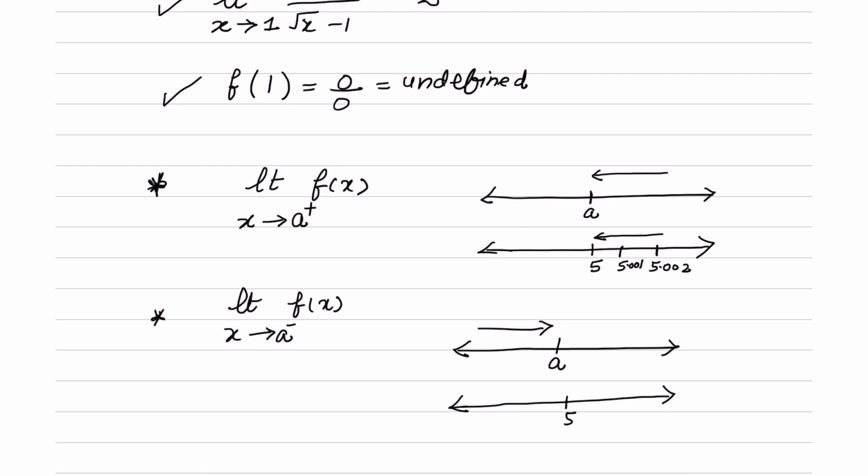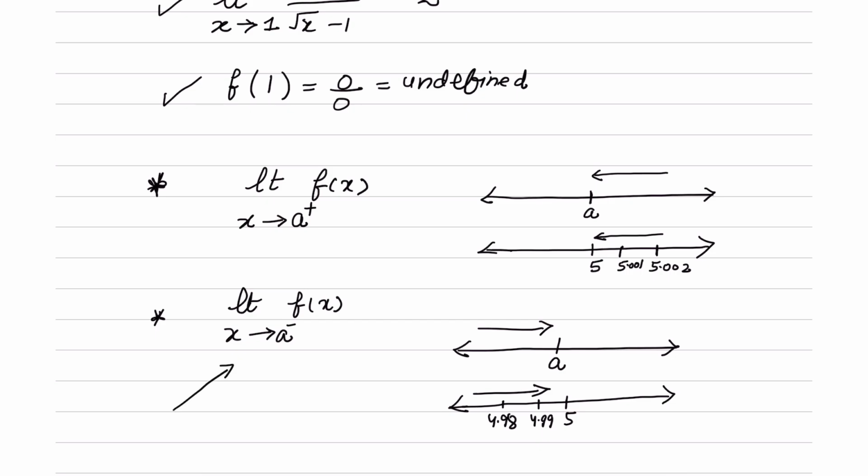So x is approaching 5 from the left of 5, so you will pick some number on the left of 5. Let's say you could pick 4.99, or 4.98. So this is the meaning of the limit of the function when x is approaching a minus.